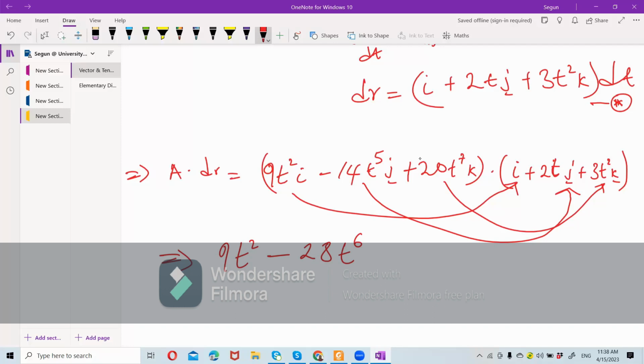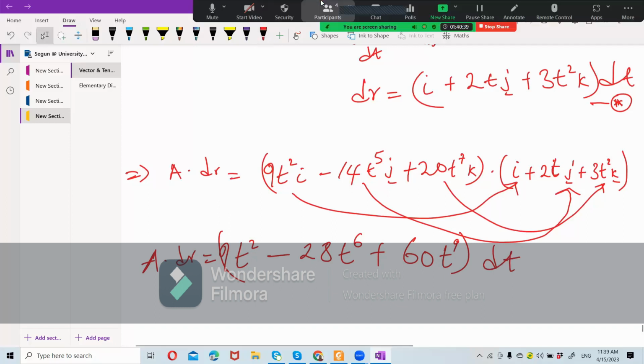Then 20 times 3, you have 60t raised to the power 9. I know it will surprise some of you. This is what we call A dot dR equals to this, every t multiplied by the dt.